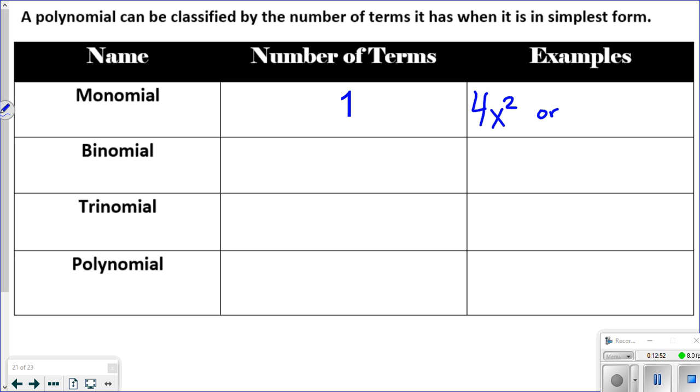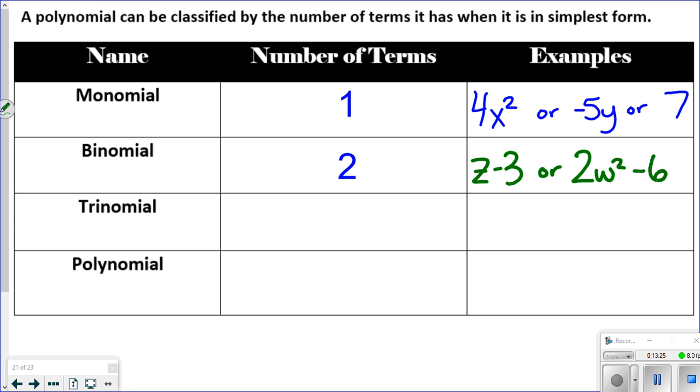Or we could have -5y or 7. These are all terms or monomials. Binomial is 2. So I could have something like z minus 3 or 2w squared minus 6w.